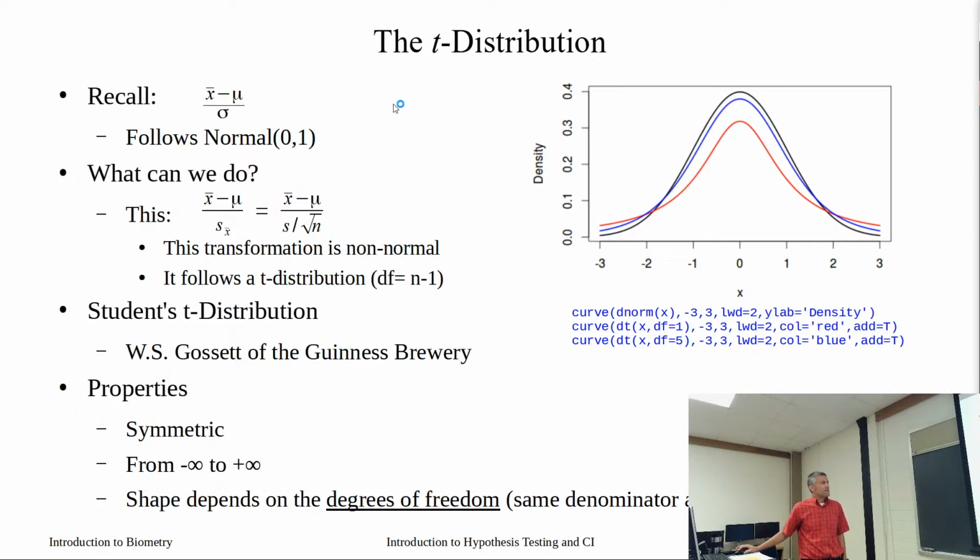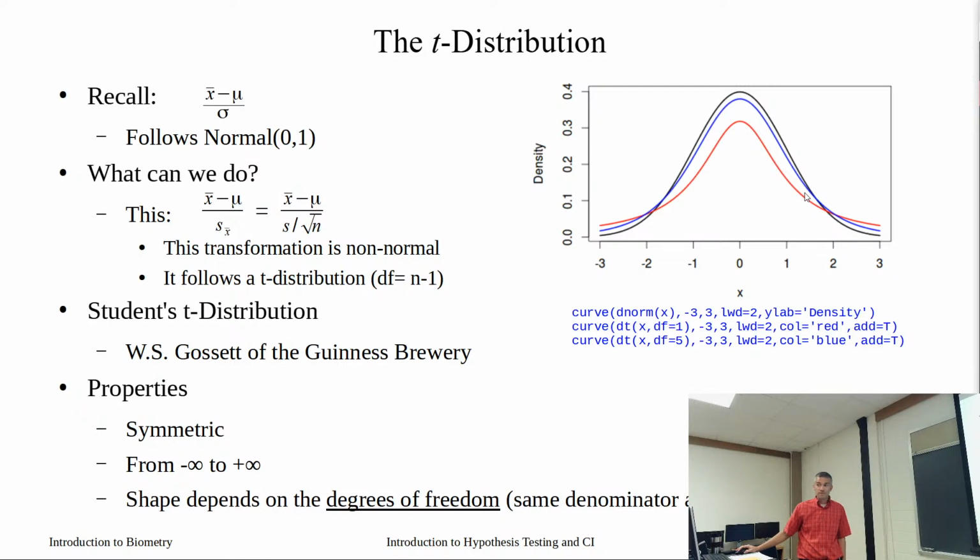So this curve shows you the distributions. The black line right here is the normal distribution. The red line is a t-distribution with 1 degree of freedom. You can see that it is not normally distributed.